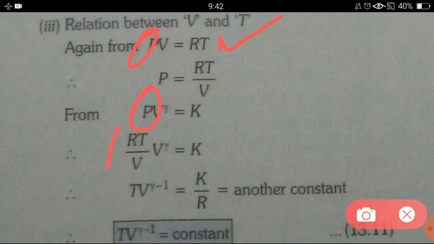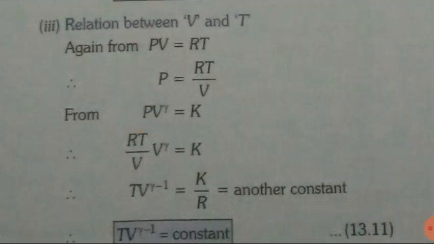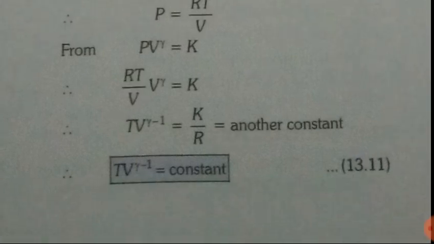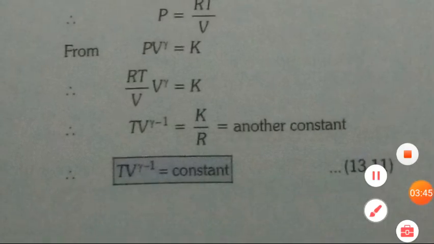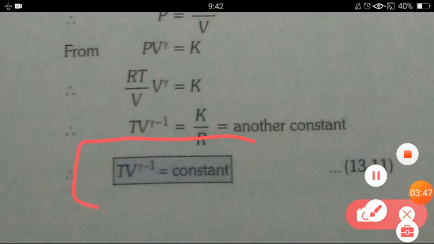So we get RT upon V into V to the power gamma equals K. When we solve this, we get T V to the power gamma minus 1 equals K upon R, which is again another constant. So finally between T and V we get this relation: T into V to the power gamma minus 1 equals constant.